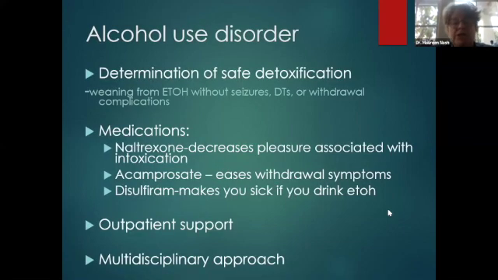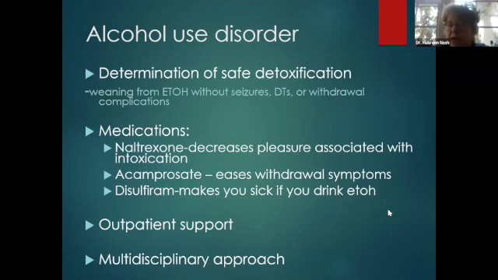And this is just an example. If you look at the middle of this slide, here's the list of the 3 medications that are used in the United States for alcohol use disorder. And you'll notice that they all do different things. Naltrexone decreases pleasure associated with intoxication. And there's some evidence that naltrexone is probably useful across multiple substance use disorders.